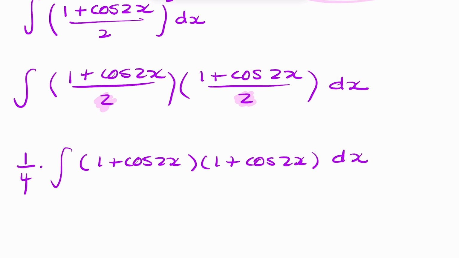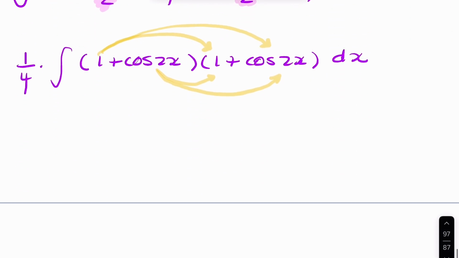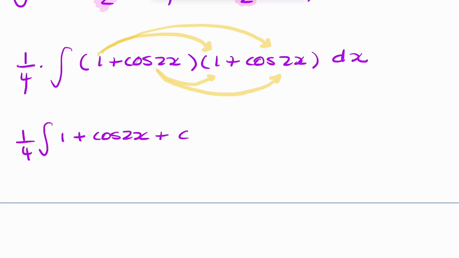Okay, so now we can expand the brackets by multiplying all these terms. Most of the terms will be easy. We'll still have a cosine squared, but then we can use this identity again to fix that. So we're going to have 1 over 4 times the integral of 1 plus cos 2x plus cos 2x plus cos squared 2x dx.